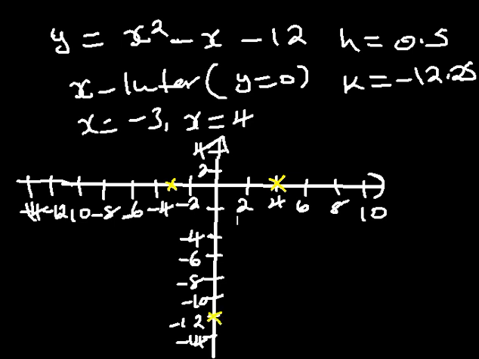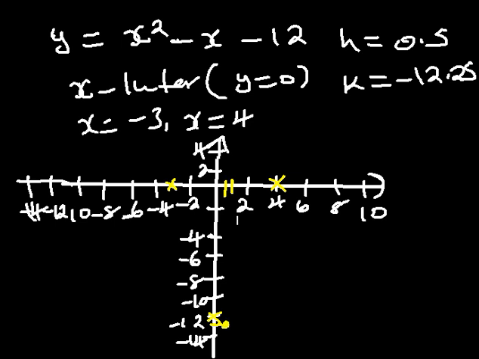We have it here. Then we have the turning point. We have 0.5. Let's say this is 1, then 0.5 is here. We have negative 12.25, so in this case it is somewhere here.